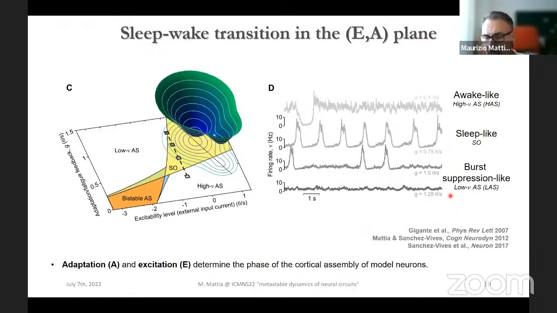Okay. Once you have these 2 variables, you see that these 2 degrees of freedom are capable of describing also the different regimes this network can express.